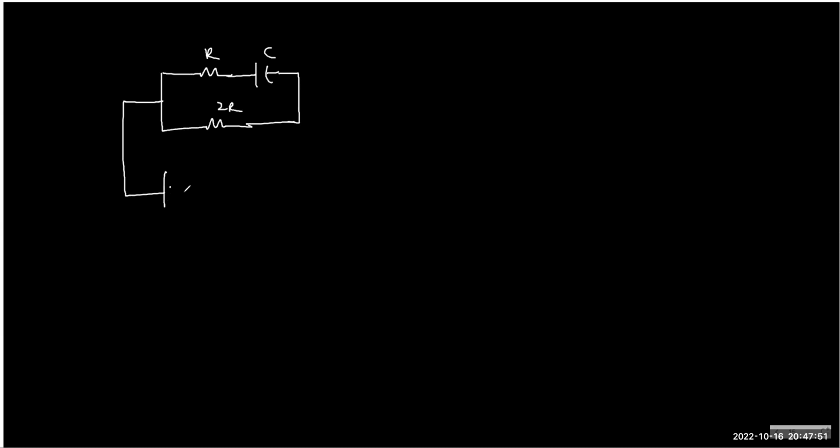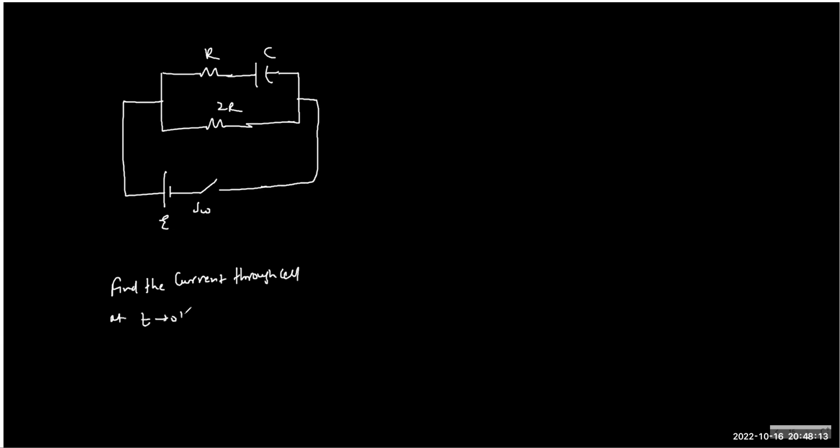We have a cell. Find the current through the cell at t tends to 0 plus.